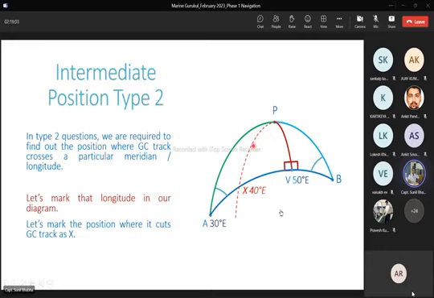So we have drawn this dotted line representing 40 degree east meridian, and let's assume that this particular point is X, and we have to now find out what is the position of this point X. So is the question clear, beta? Yes, sir, clear. Longitude is given, latitude is not. That's right, beta. That's right. Let's see the solution.